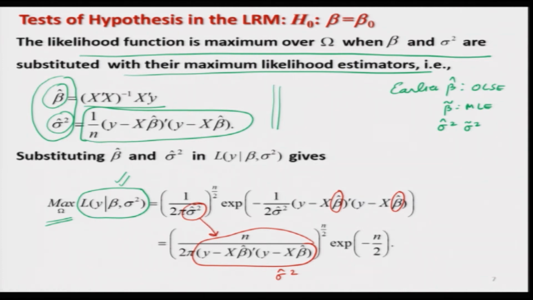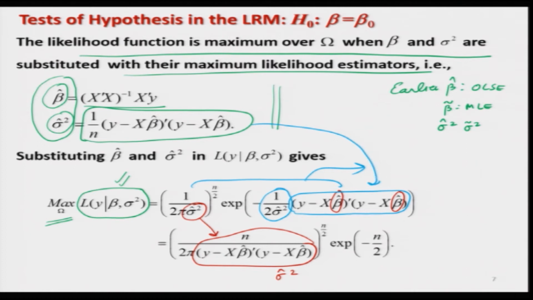Now, observe one thing. When you write this quantity minus 1 upon 2 sigma square hat times y minus x beta hat transpose y minus x beta hat, and you replace the value of sigma square hat by 1 upon n times y minus x beta hat transpose y minus x beta hat, then this scalar quantity in the numerator of sigma square hat is going to be cancelled by the quantity y minus x beta hat transpose y minus x beta hat.